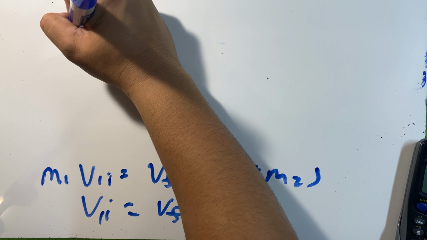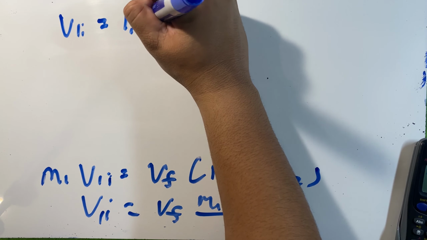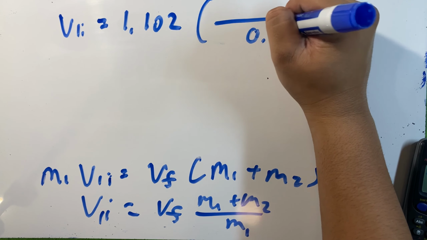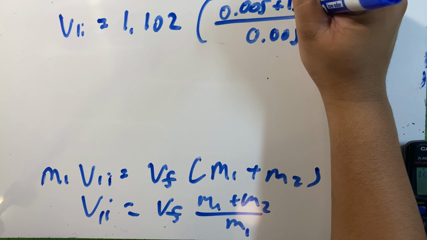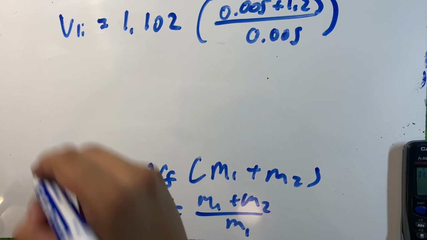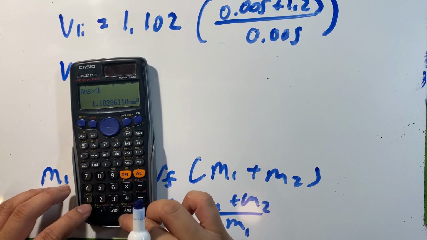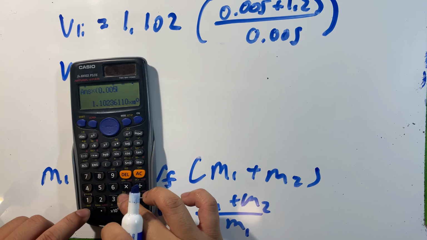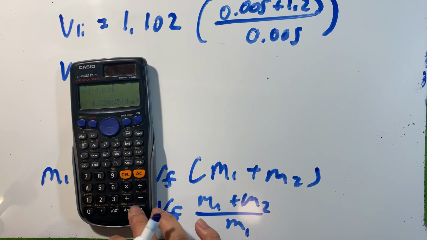So v1 initial is equal to 1.102 times (0.005 plus 1.2), divided by 0.005.